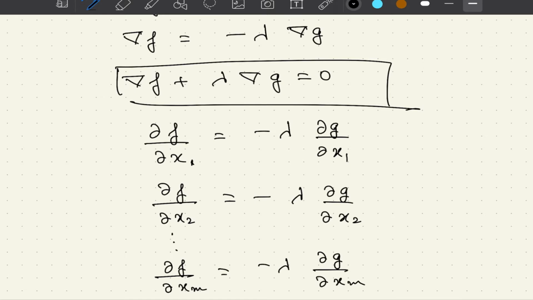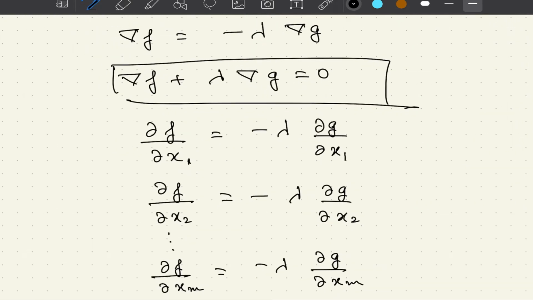When we put all these together, we are essentially looking at an equation of the form del f equal to minus lambda del g, which is the same as the case we discussed for univariate functions.